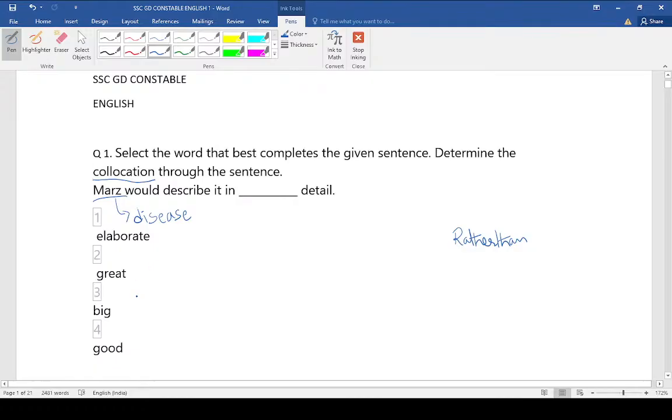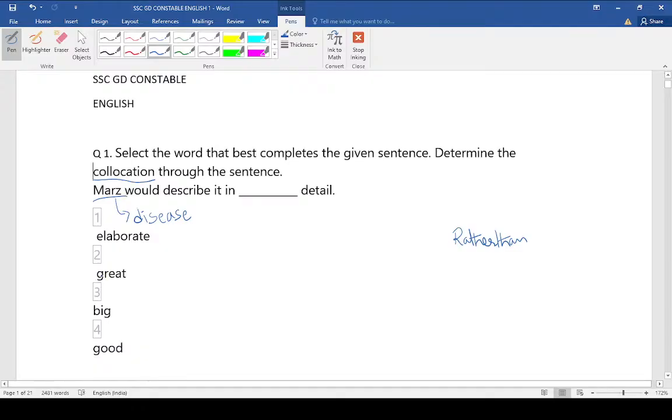considerable degree, and big is nothing but intensity, how far it is going to express, and good is nothing but approval. So out of these four options, which will be suitable for the statement? Please find out and let me know.